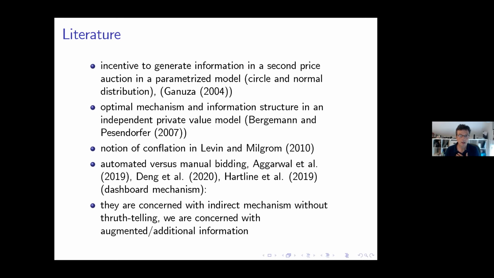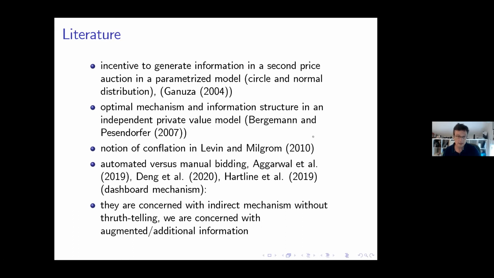What we are after here is a little bit the notion of conflation that was first suggested by Levin and Milgrom as a way to think about digital advertising, namely to choose in some sense the narrowness and the broadness of the object that we're going to sell, and we're going to show in some sense that there is an optimal way to choose to conflate similar goods in order to influence the revenue.